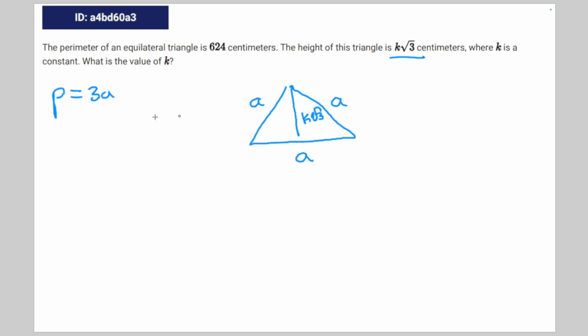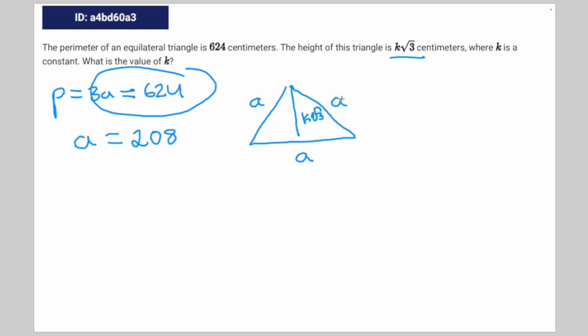So A plus A plus A is equal to 624. Dividing both sides of this equation by 3, A is equal to 208. So then the hypotenuse of this right triangle formed by the height is going to be equal to 208.